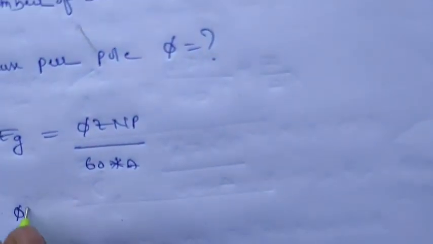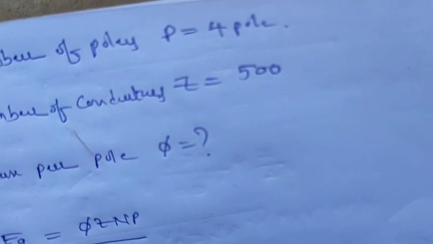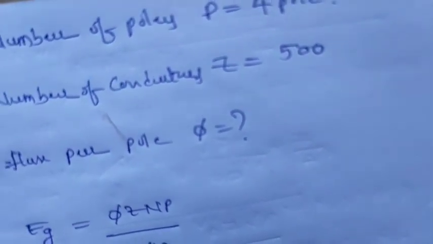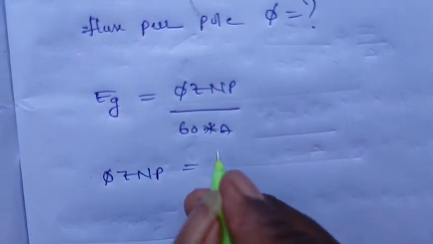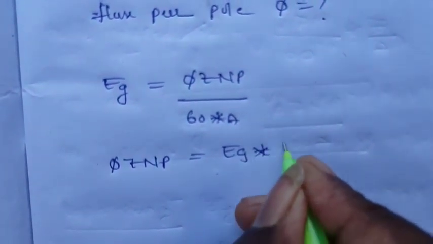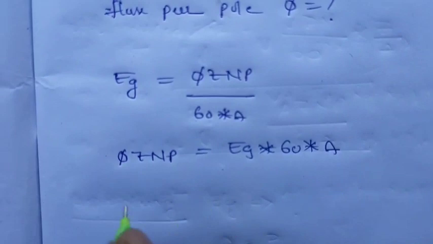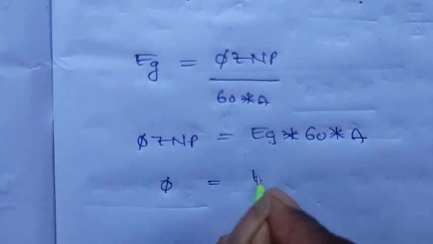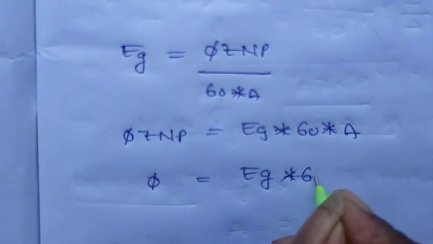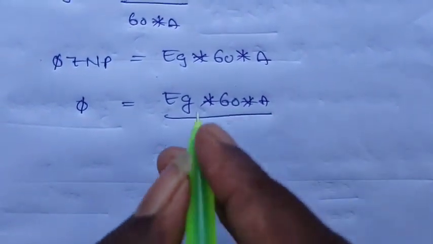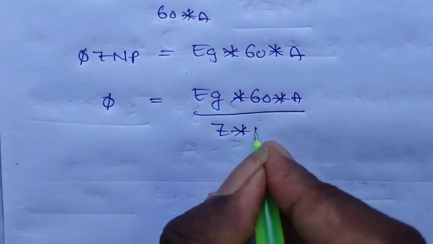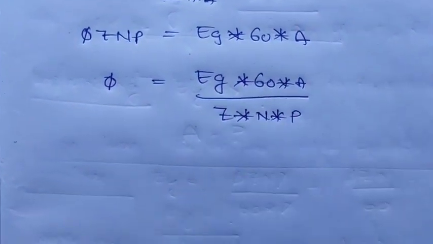So from that, φZNP equals Eg into 60A. The denominator goes to the other side, so φ equals Eg into 60 into A divided by Z into N into P.